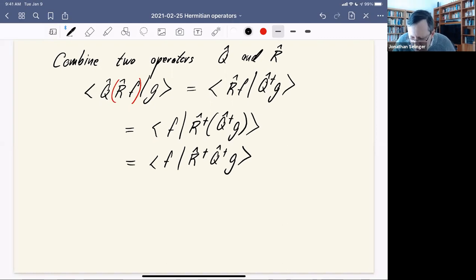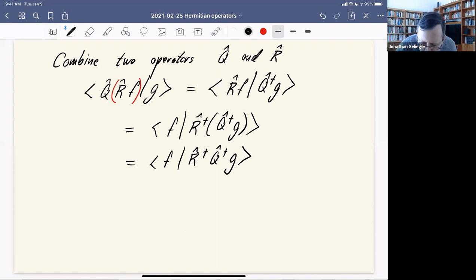Okay, so this tells us that the combined operator QR can move to the other side of the inner product and it turns into R dagger Q dagger.